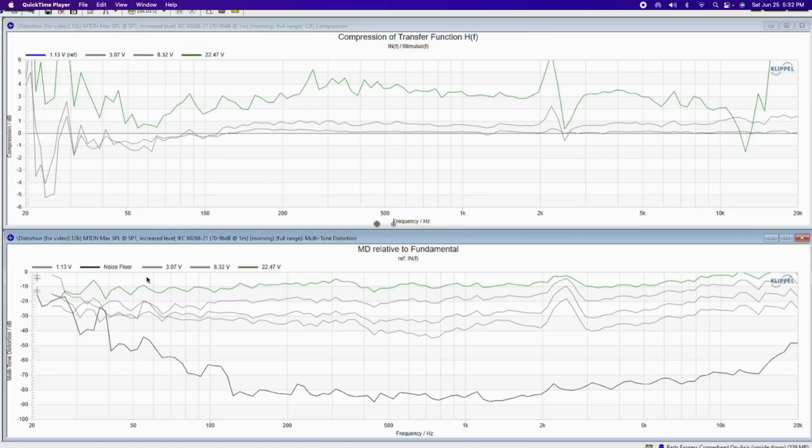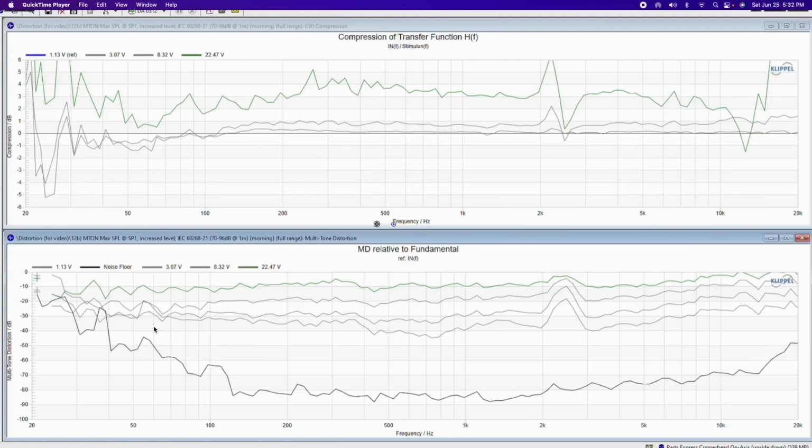The black line represents the noise floor in the room. This is important because as you get lower in frequency, the output of this speaker is low. Its roll off is at around 150 hertz or so. That means the output of the speaker is not easily able to overcome the regular ambient noise of a static room.